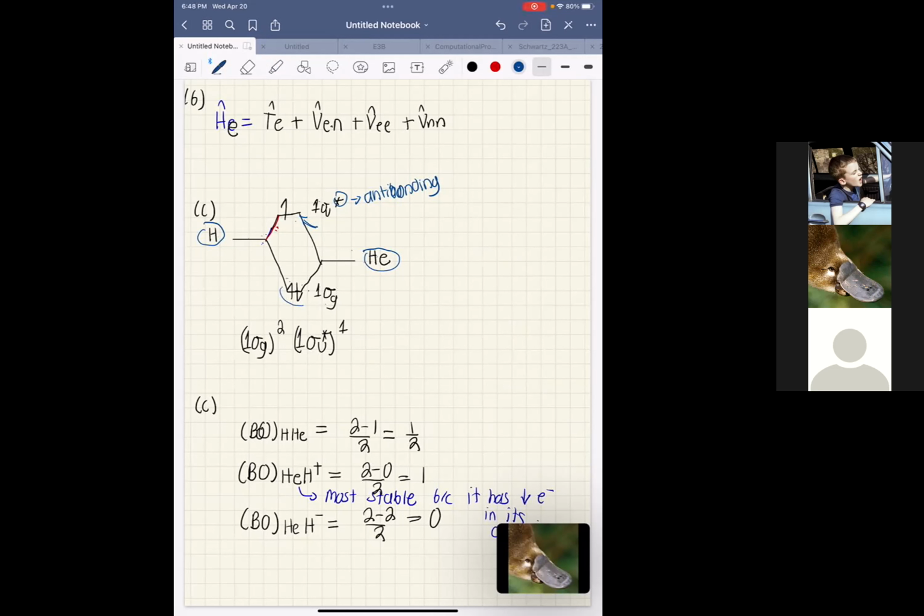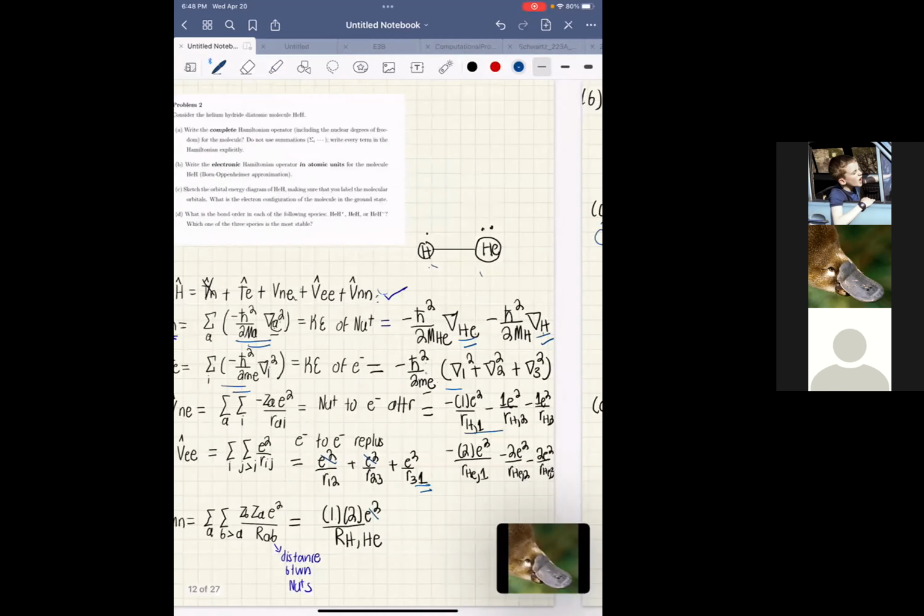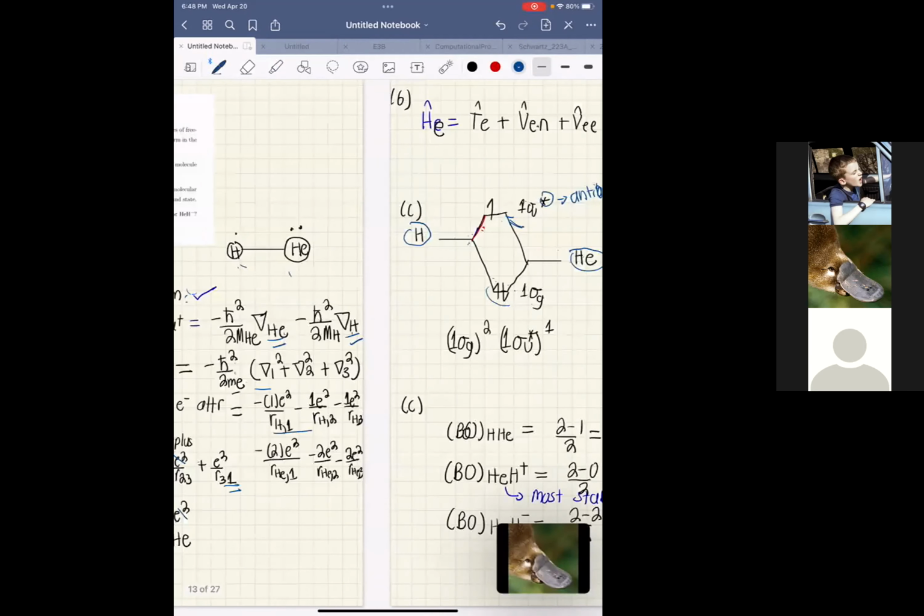So then what about He2 plus? Can you also draw that, please? Did they ask you for He2 plus? It's on spring 2021, actually. Yeah, they did ask for sketching it. Oh, okay.